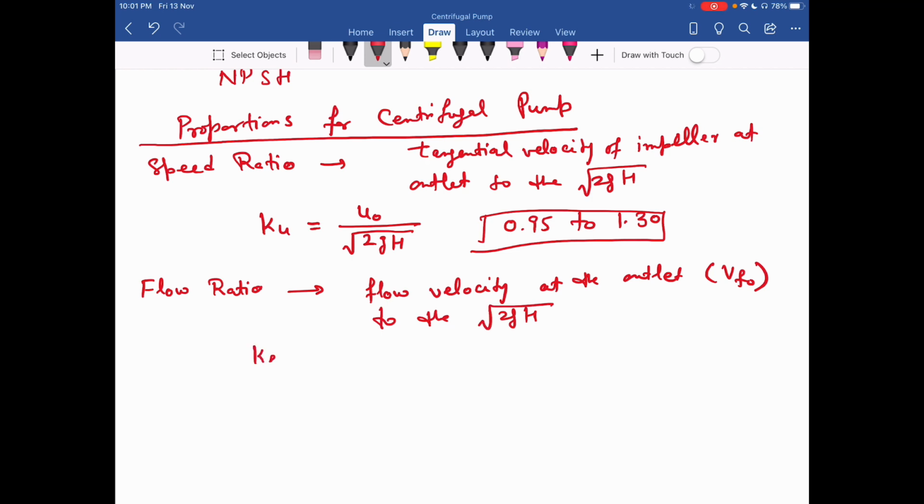So I can write Kf, that is equal to VFO divided by 2gh under root. This is flow ratio. Its value lies between 0.1 to 0.25 for centrifugal pump.